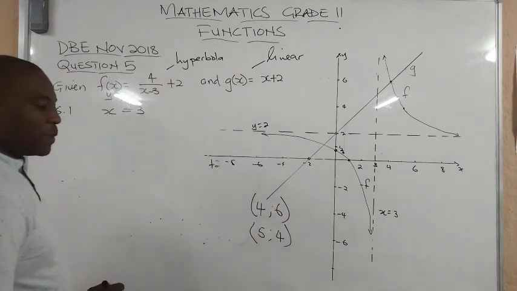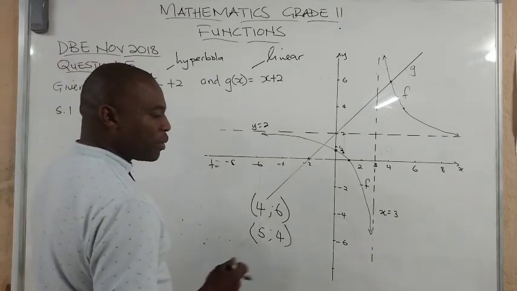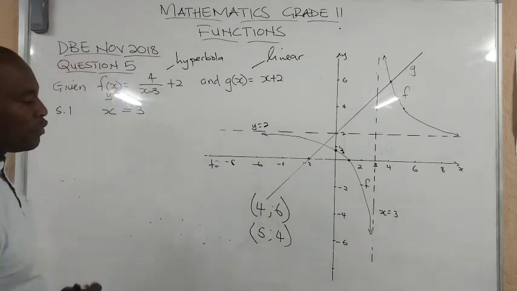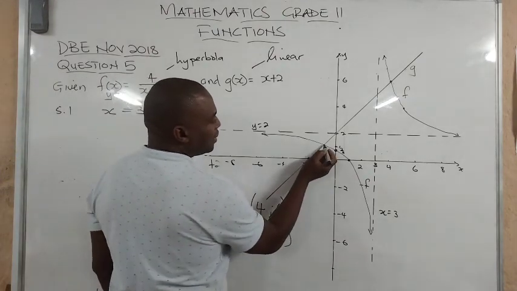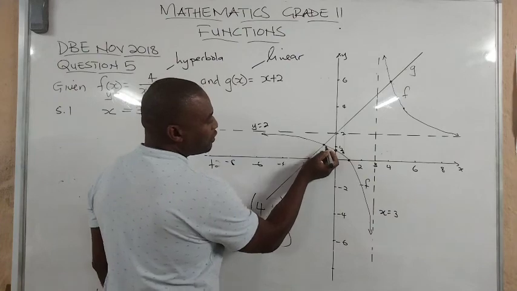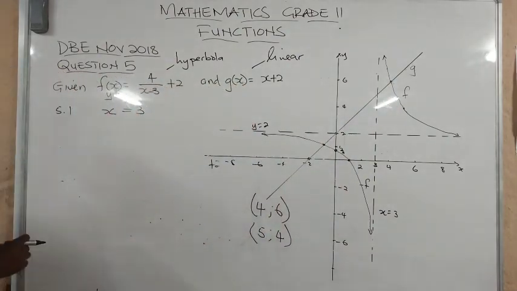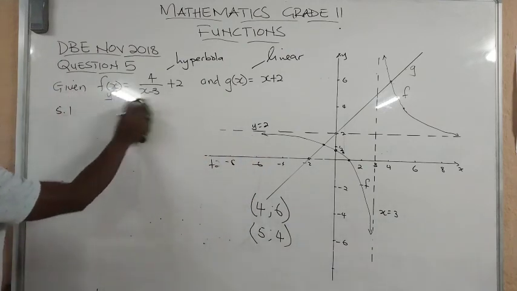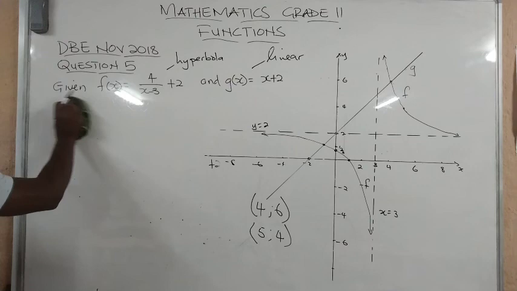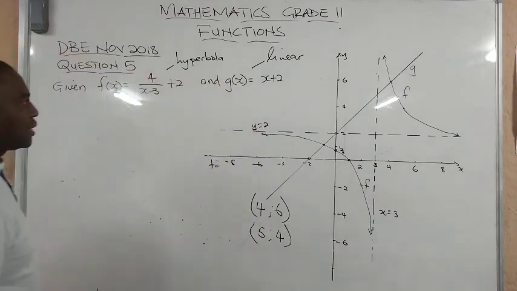Then 5.5, calculate the x coordinates of the points of intersection of F and G. Now the points of intersection, these are the points where the 2 graphs cross each other. Now, where they cross, the graphs are the same or they are equal. The x coordinate is the same, the y coordinate is the same.